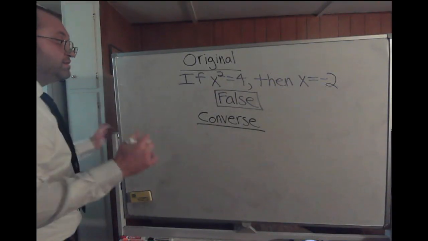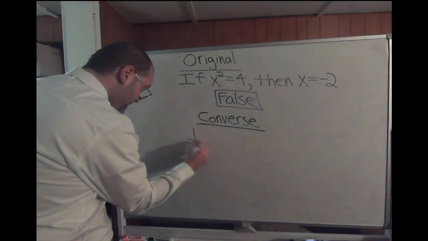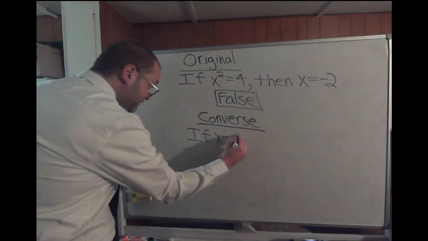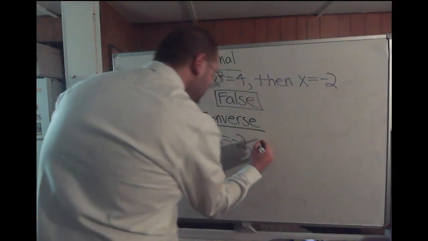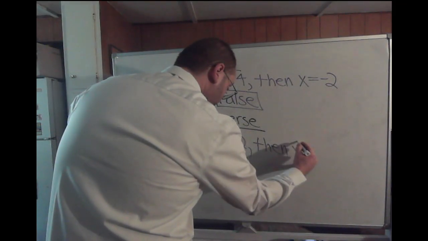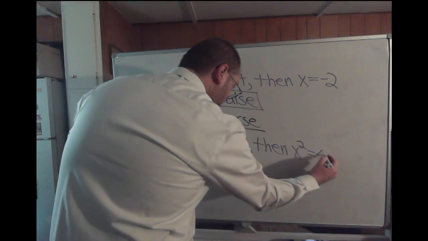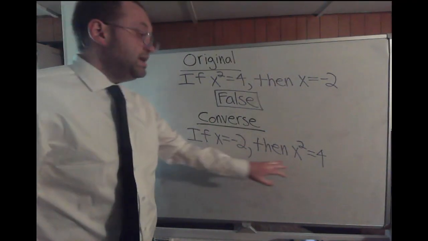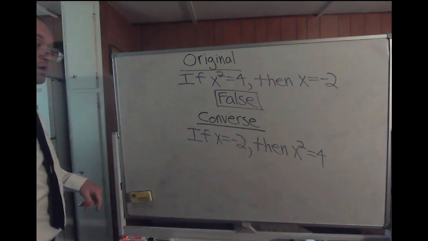Now, how about the converse? The converse states that if x equals -2, then x squared equals 4. So let's see. If x equals -2, then x squared equals 4. Well, that's true.